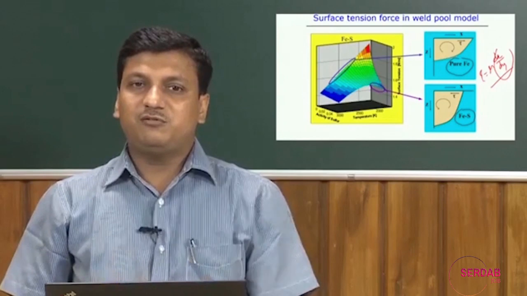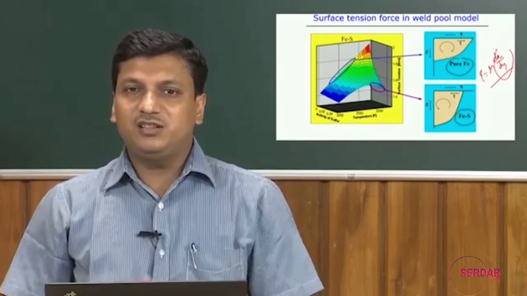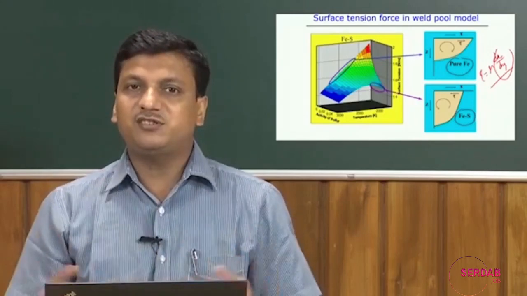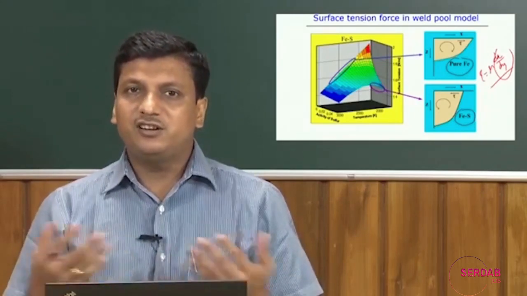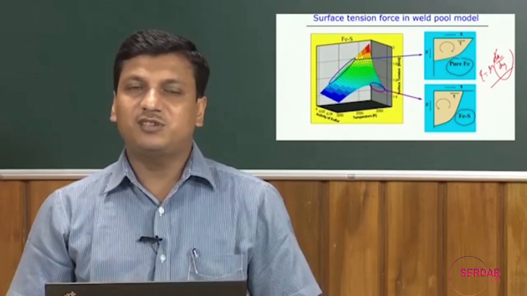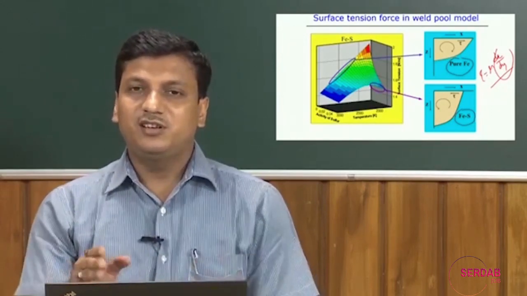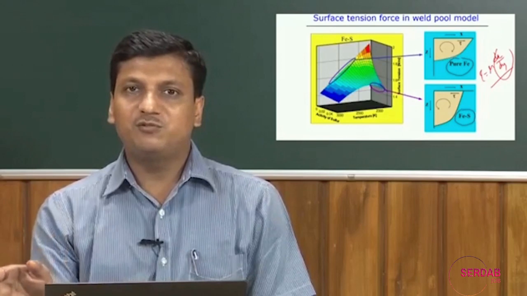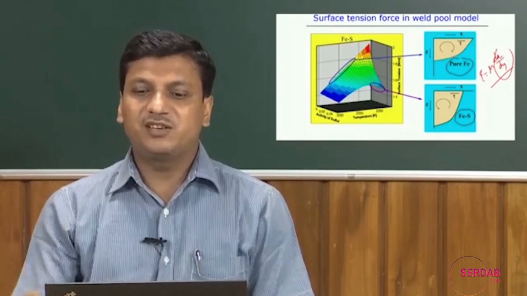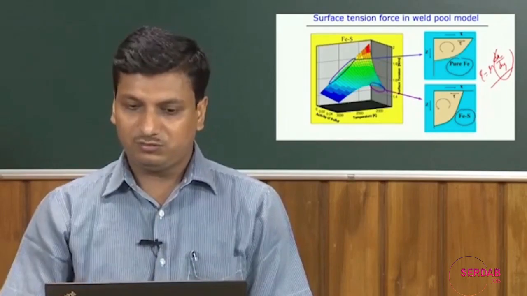In this way, once the surface tension force gradient changes with respect to temperature and the concentration of surface active elements, it finally influences the Marangoni convection of the Whirlpool, and that impacts the shape of the Whirlpool.